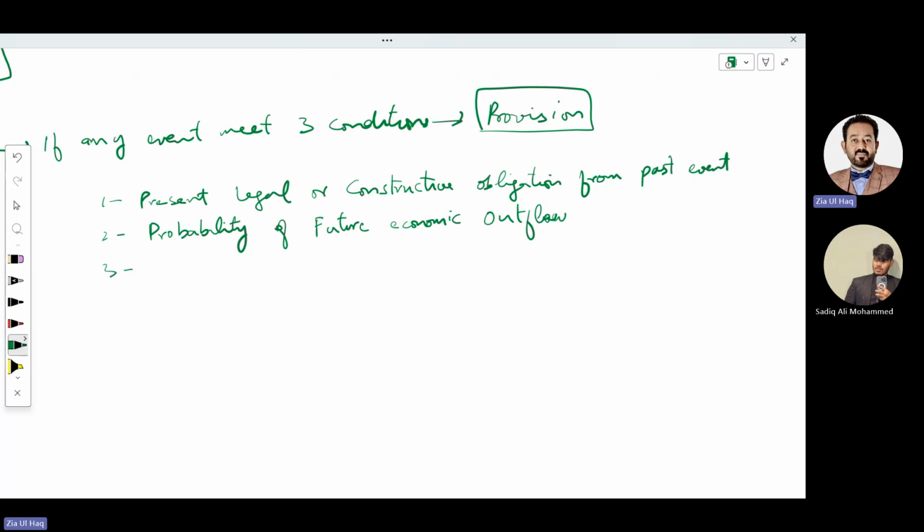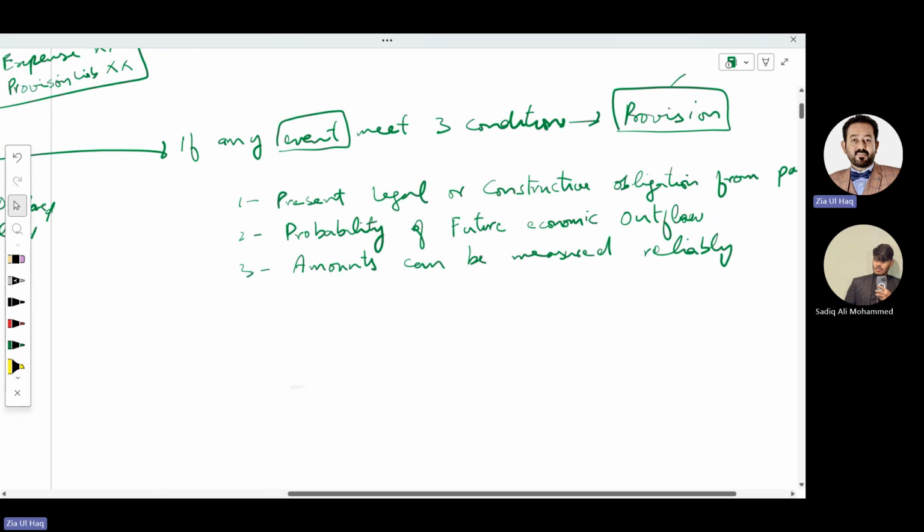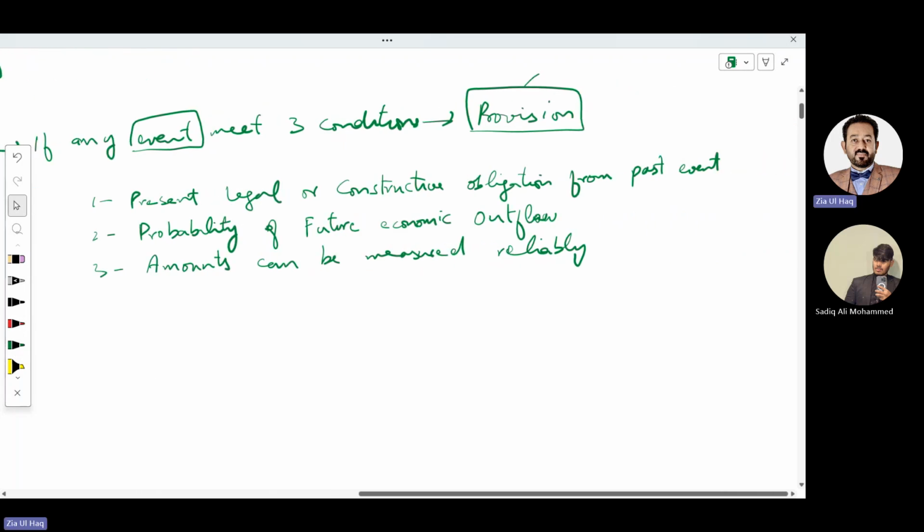And number three, amounts can be measured reliably. If any event meets these three conditions, there should be a provision, meaning expense debit, provision credit. If any of these conditions is not fulfilled, no provision should be recorded.